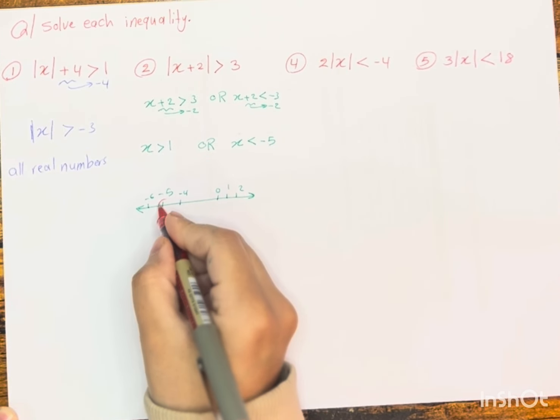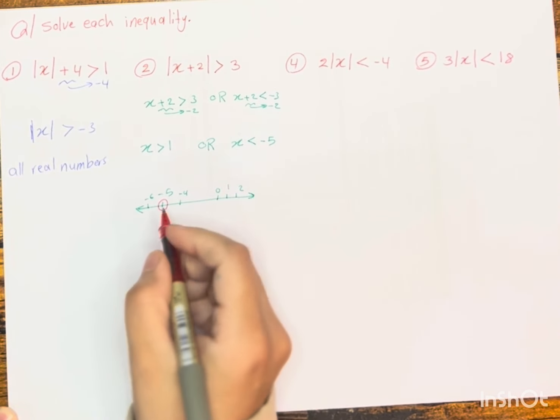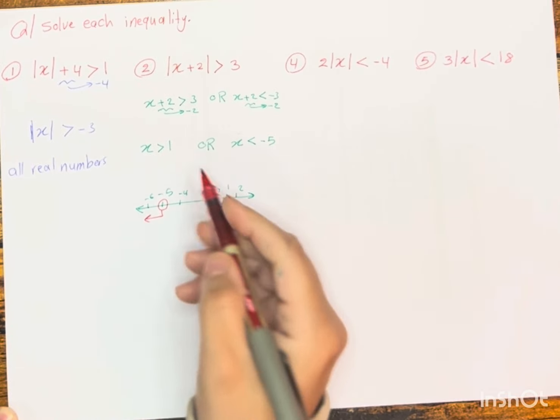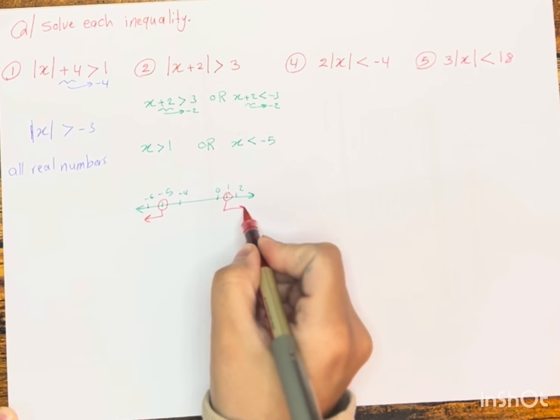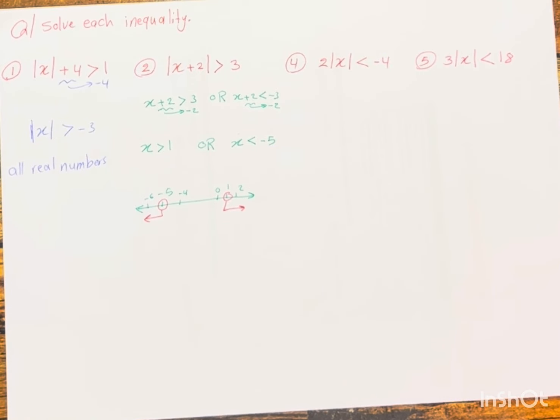Open circle for -5, x less than -5, so this side. Open circle for 1, x greater than 1, so this side. If the sign opens at the absolute value, we need to use OR, okay?